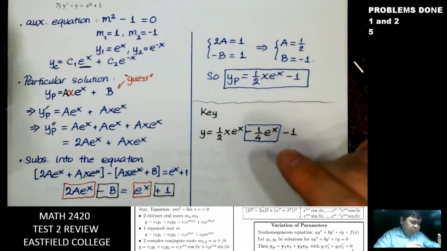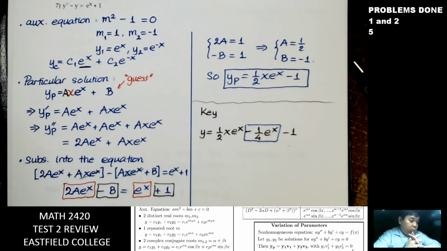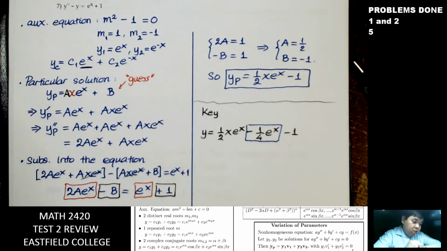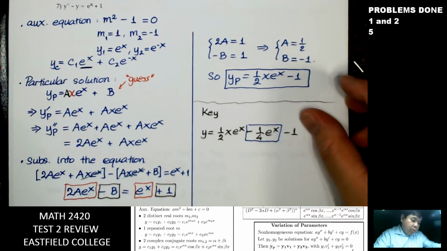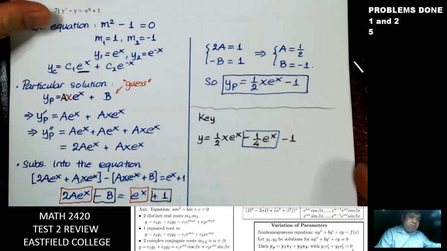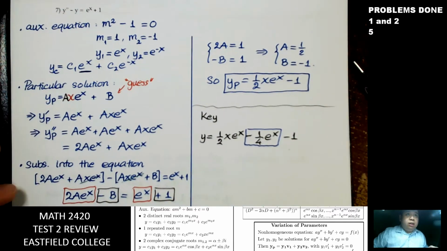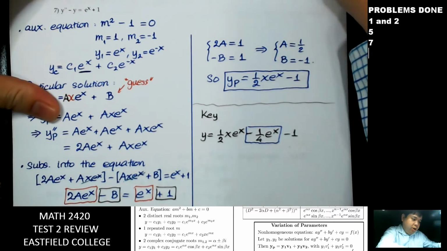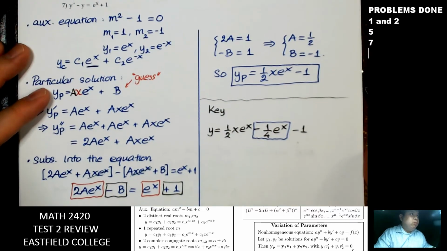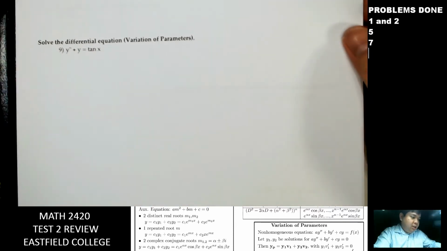There are a lot of ways to approach a problem like this. There will be 3 ways actually. The first one is this, the guessing approach. The second one is variation of parameters, and the third one is using the Annihilator. I will do all 3 of them in a little bit. Right. 6 will be similar to 7.